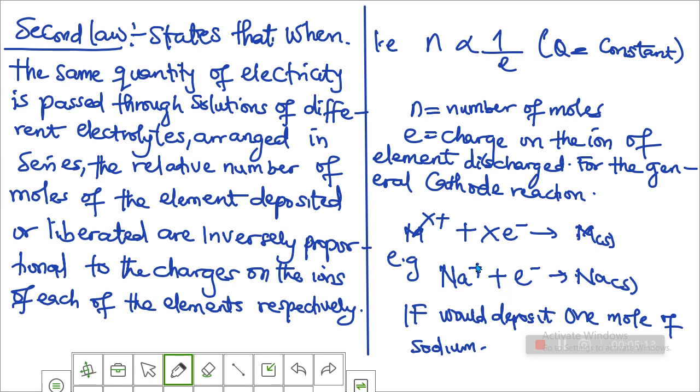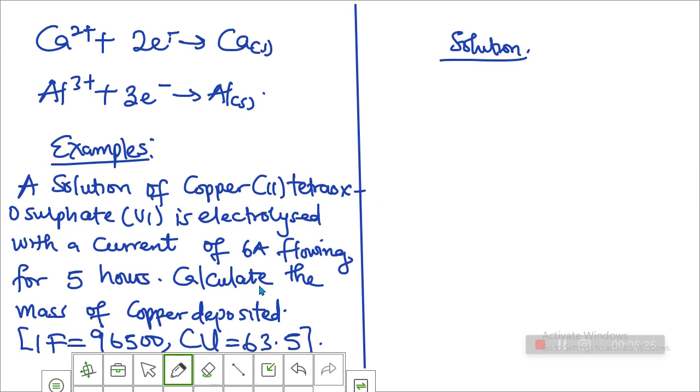So this carries plus, so it will be 1 here. If it carries any 2 plus, it will be 2e minus. I hope you understand. So let's go to some examples. Let me show you. Here in the calcium, because it carries 2 plus, the number of electrons gained will be 2e minus. Look at the aluminium also.